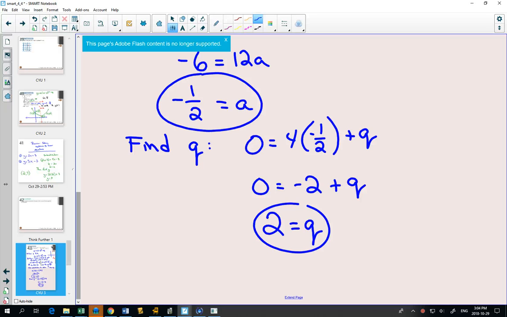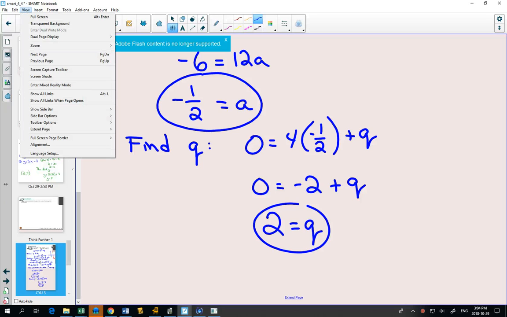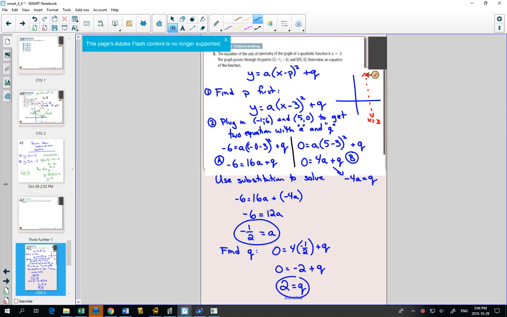I'm going to change the view here so we can see everything that we've done so far. We wanted to find the equation. So we needed numbers for a, for p, and for q. We found p right away. You know that it has to be x minus 3 squared. Now we know a and q as well.